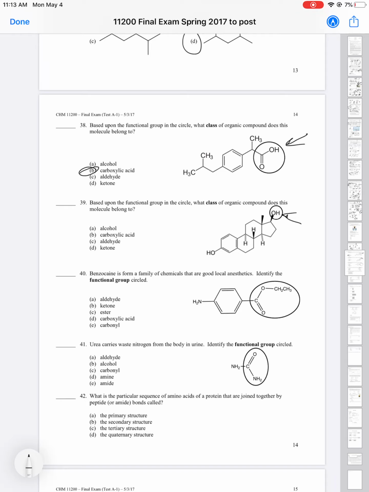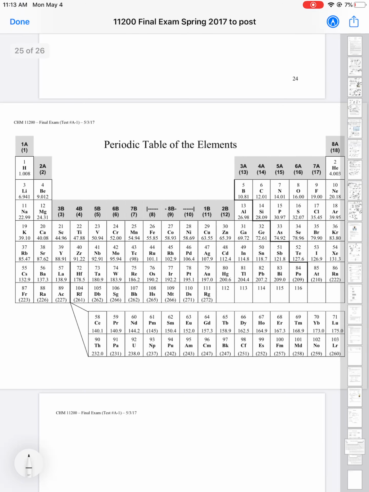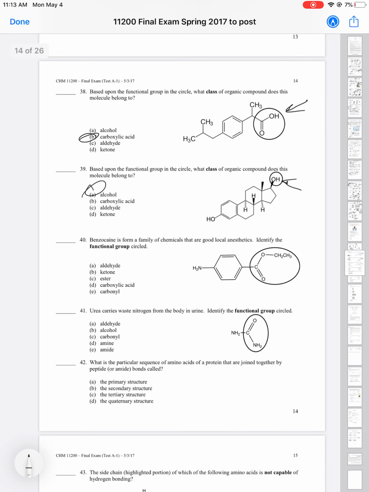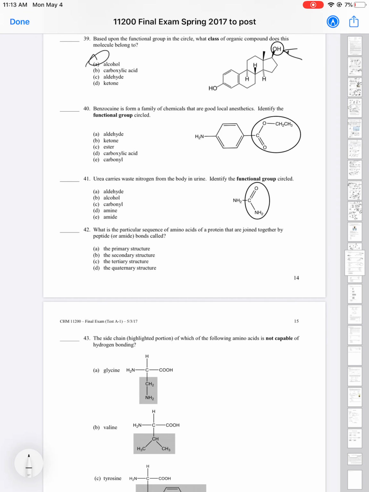So again, we have OH in the circle. When it's just OH by itself, it's going to be an alcohol. And I think you actually have a table down here. Yeah, so you can always use this table in the back if you aren't sure what something's called.